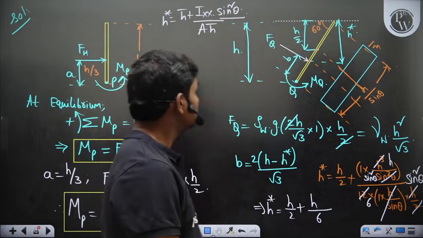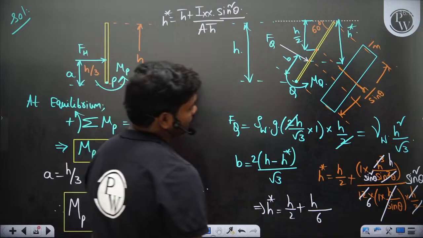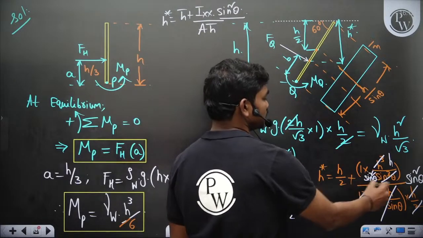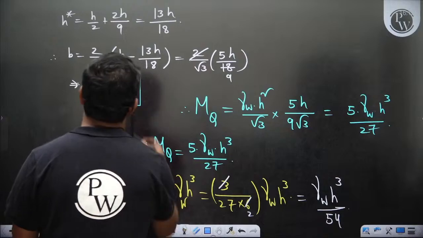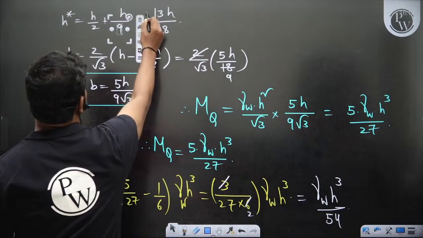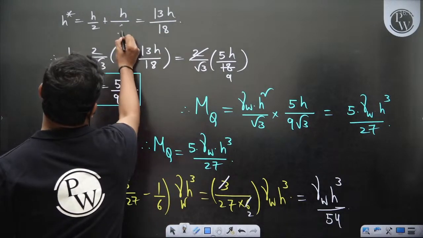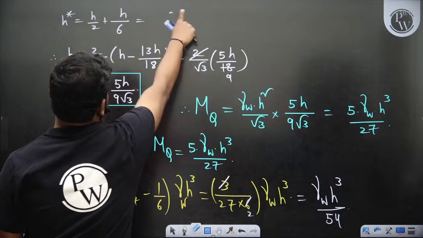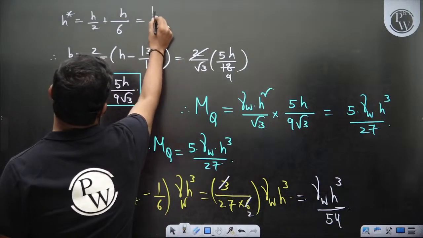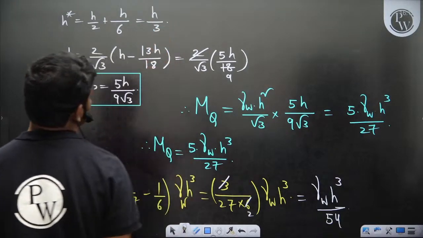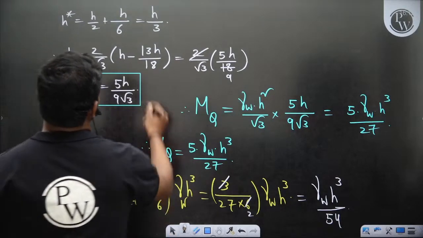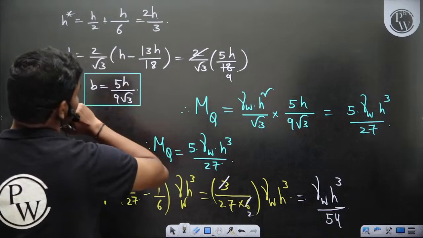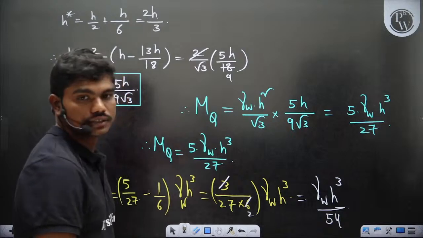Understood, no? Because of that sine square theta, this sine square theta and sine square theta get cancelled. You have only 6. H by 2 plus h by 6, which is 2h by 3. The depth of center of pressure is 2h by 3.